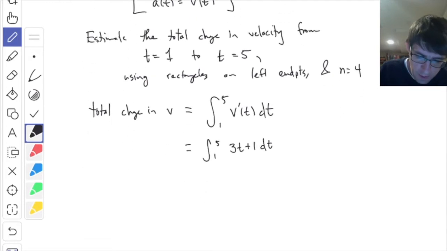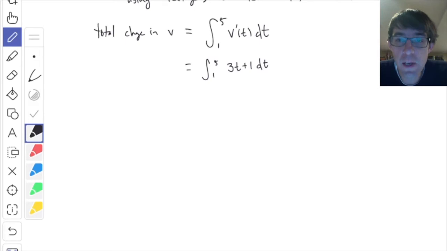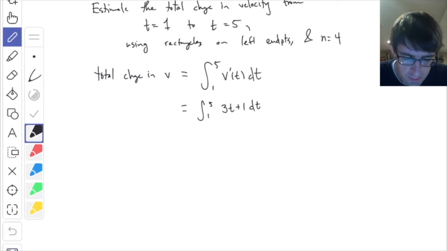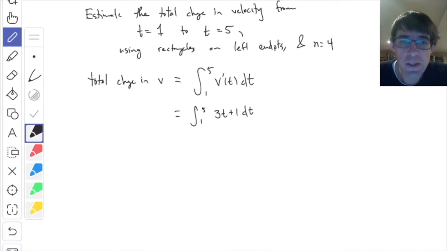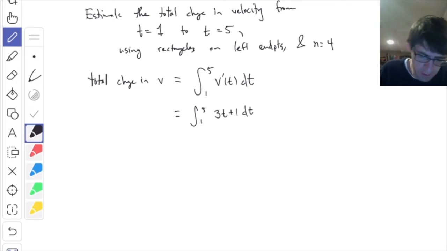All right, so we just have to do that definite integral. And we don't know how to find the actual exact value of the integral, but we're going to estimate it. That's your job in this problem. Estimate using rectangles on the left endpoints with n equals 4. So we can do it just like we did all those examples that we did yesterday. So we begin by dividing the interval into 4 equal pieces, the interval from 1 to 5 into 4 equal pieces. I guess the points would just go 1, 2, 3, 4, 5, right?